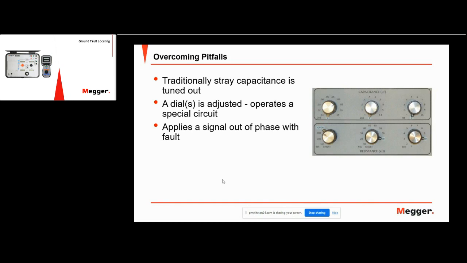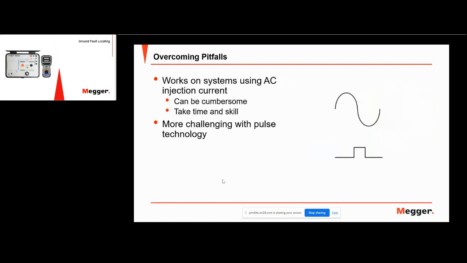The way that would work is you would basically be placing a capacitance 180 degrees out of phase with what you're measuring, and attempting to adjust it until you can minimize your measurements. And it does work, but it is a time-consuming methodology.